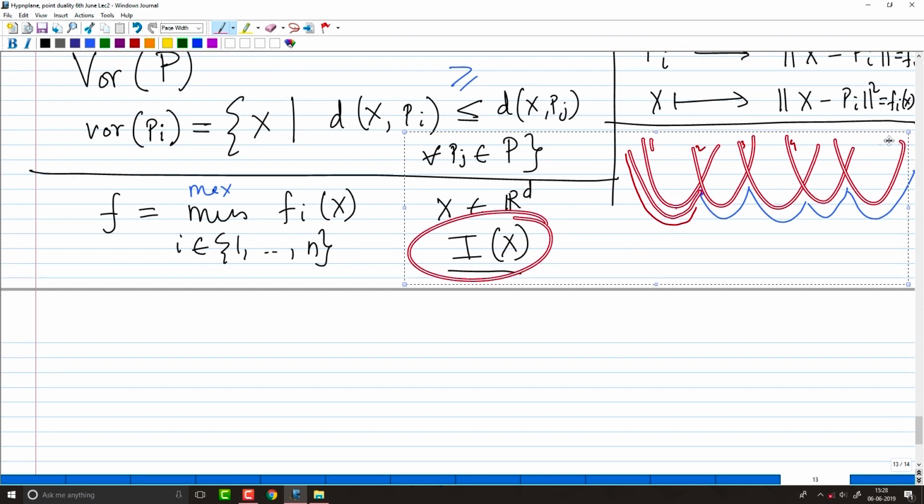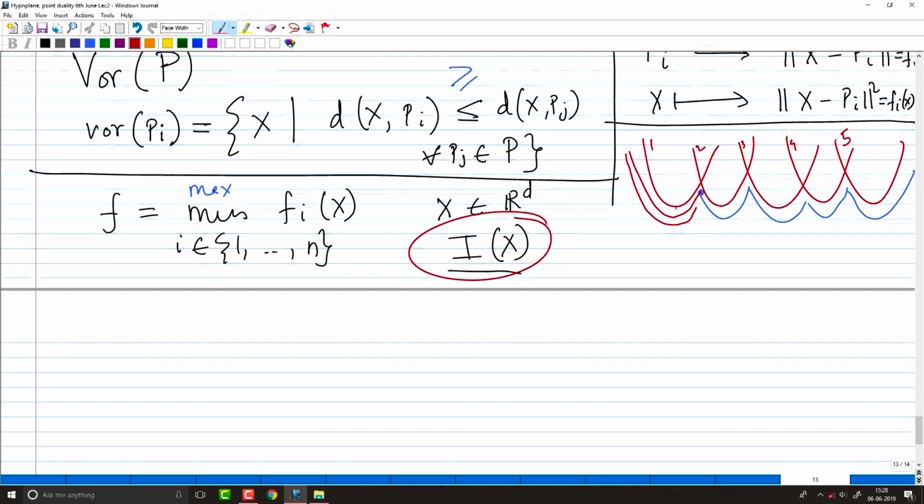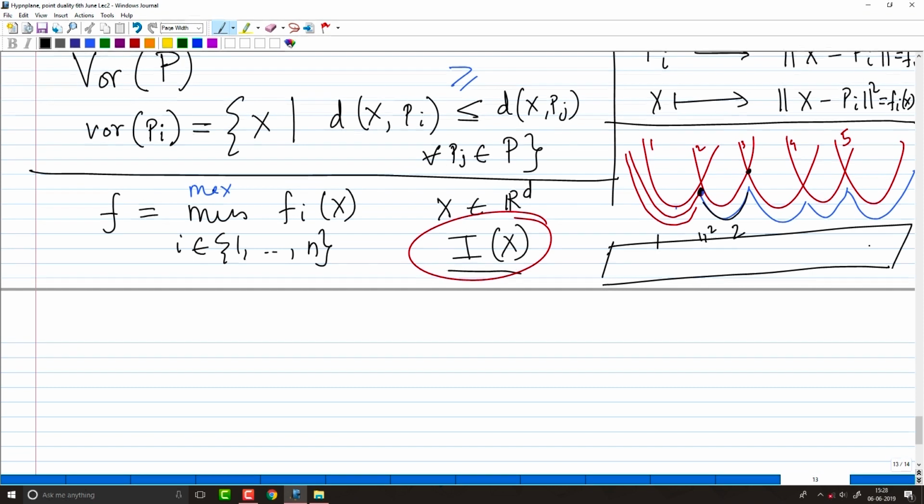What is the index set label here? Here the label is 1, here 1, 2, here 2, 3, like this, right? Inside here it is just 2, right? But if I can maintain the lower envelope, which is maintained in R^(d+1), and I project this on R^d, I will basically get the Voronoi diagram.